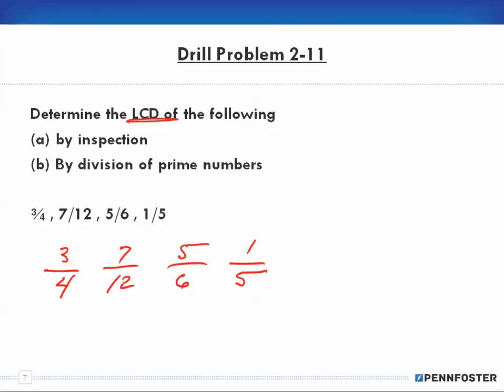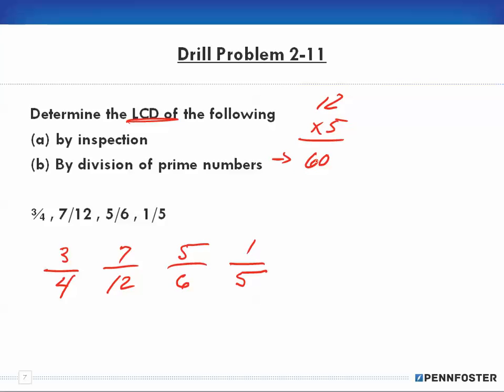Right? Now, I'm going to give a quick shortcut here. And remember, this is for me doing other practical work. Well, if I know that I have 12 and I have 5, I can multiply the 12 times 5 and get 60 and use that as my denominator. But notice I didn't say it's my least common denominator. I don't know if it is or if it isn't.